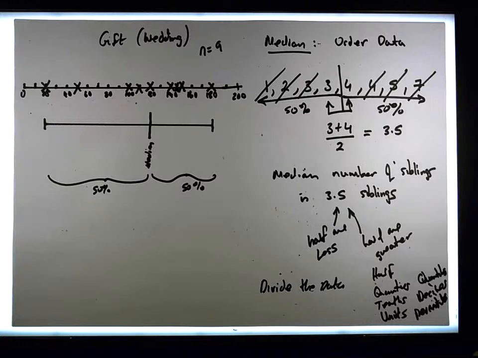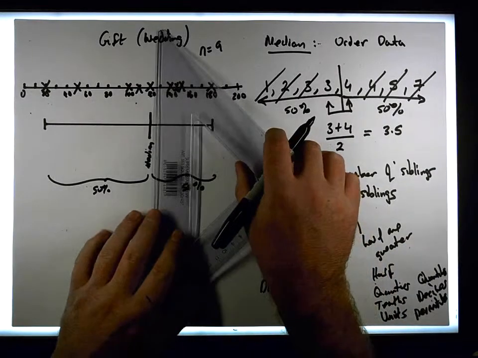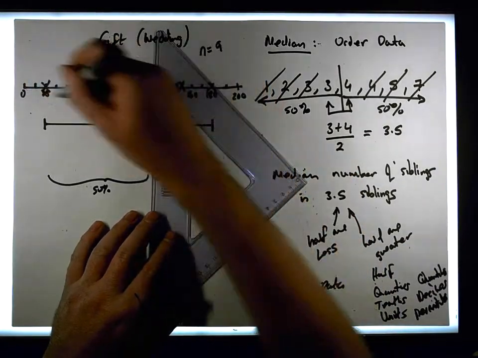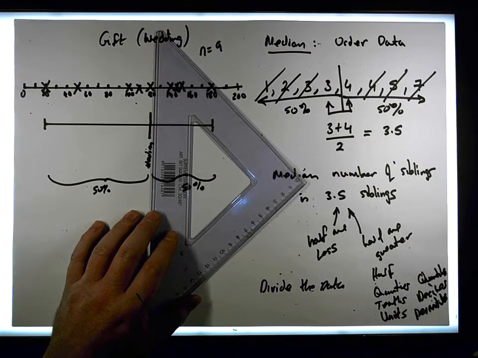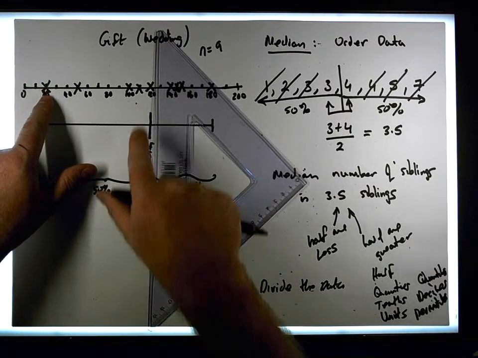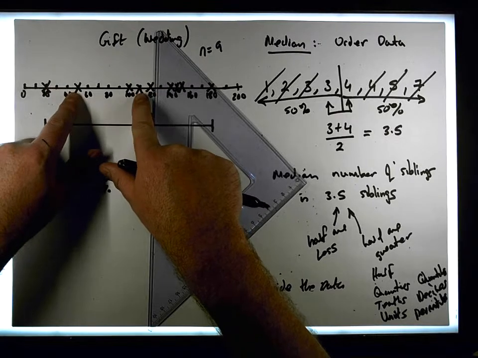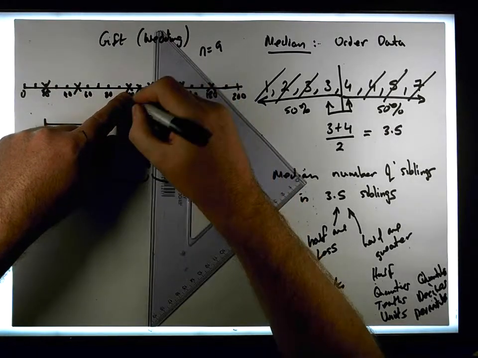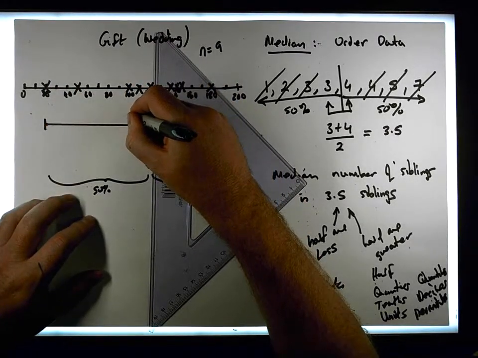Now we're going to look at the first half of responses, from here down, and split that in half. We take the smallest with the largest, the next smallest with the largest, and I'm left with a value in between, right here.